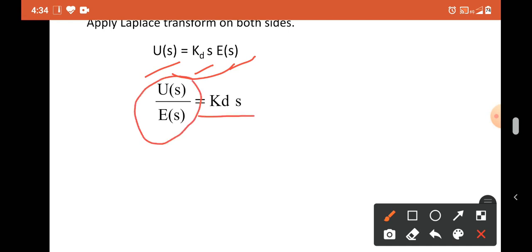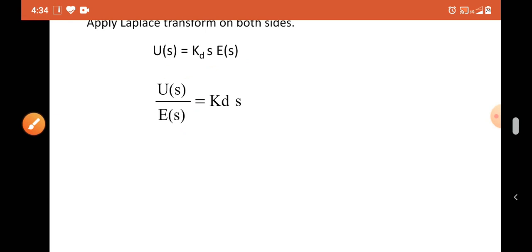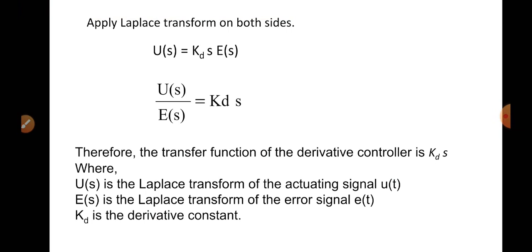Now this U(s) divided by E(s) is nothing but the transfer function. So the transfer function for the derivative type of controller is equal to Kd s. Here Kd is your derivative constant, also known as the proportionality constant.